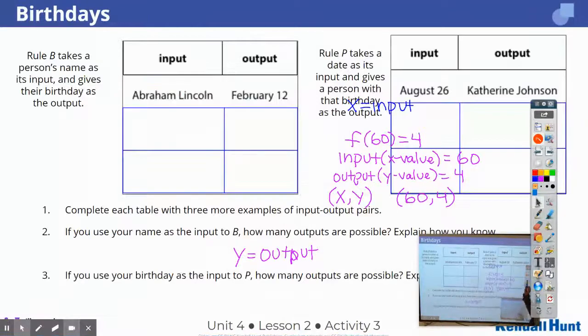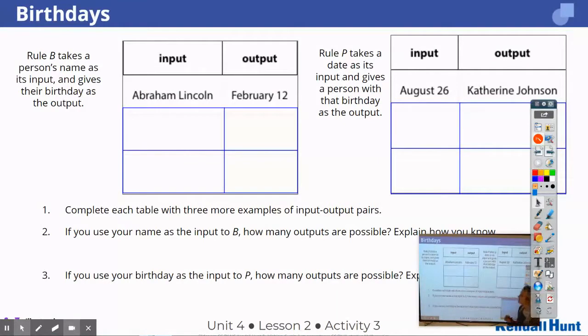All right, so let's look at this another way and try to relate this to functions. So if I have rule B and it takes a person's name as the input and gives an output of the person's birthday. So Abraham Lincoln is born February 12th. You can pick someone else as your input.